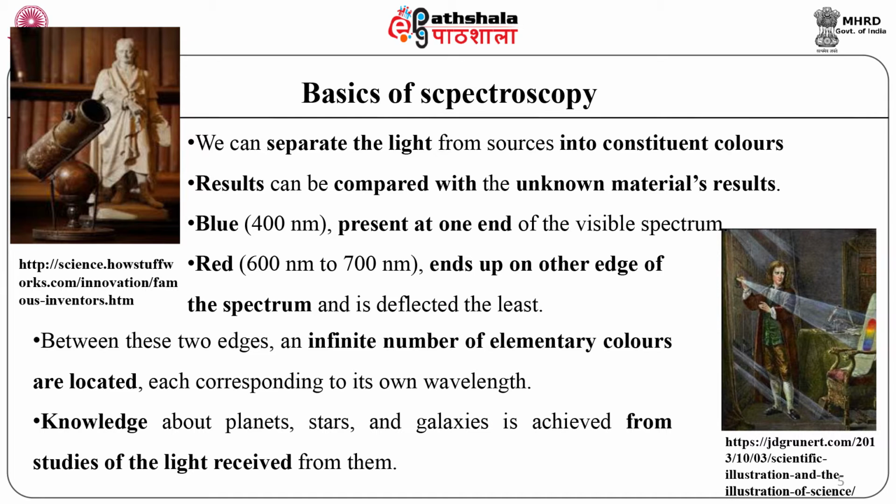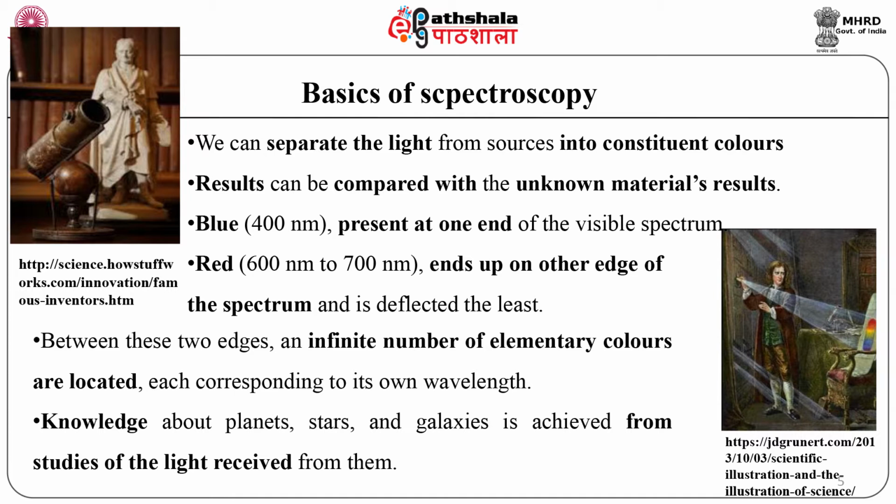Red, with its wavelength of 600 nanometers to 700 nanometers, ends up on one edge of the spectrum and is deflected the least. Blue wavelength is around 400 nanometers and is present at the other end of the visible spectrum.